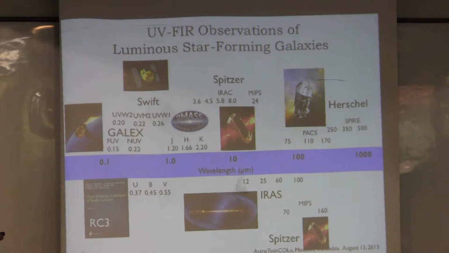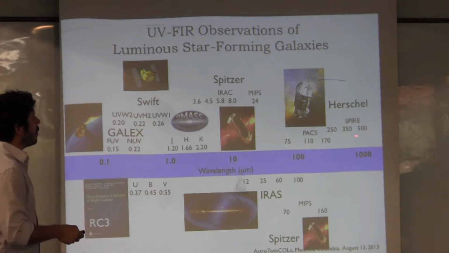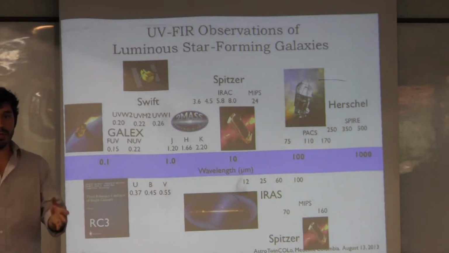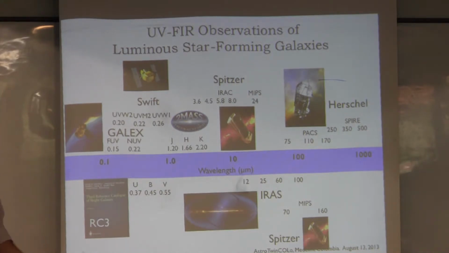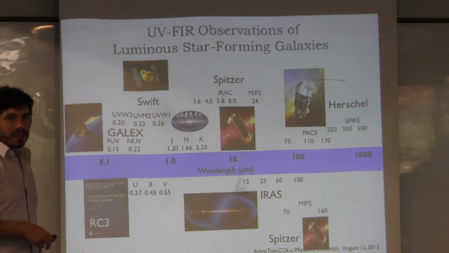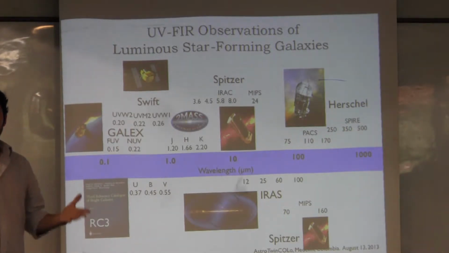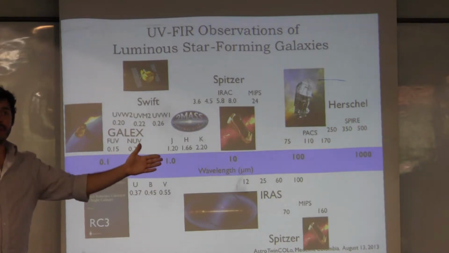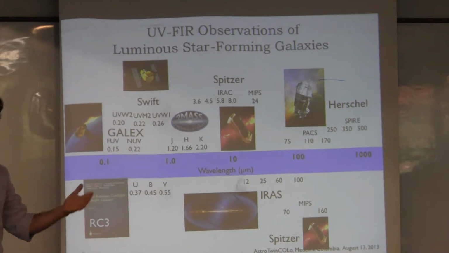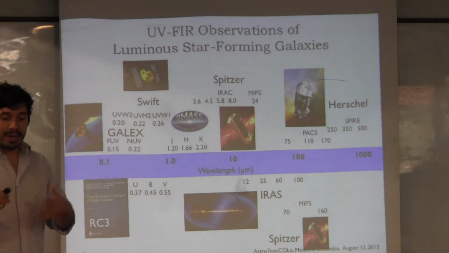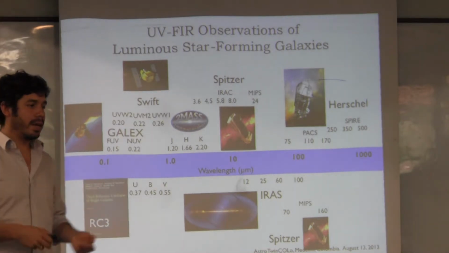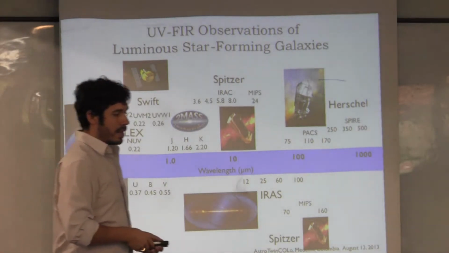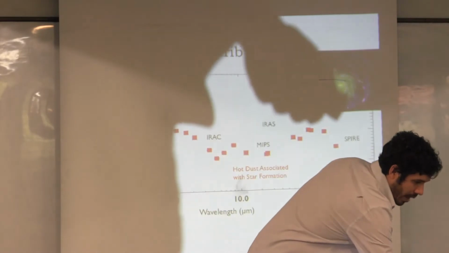More recently, also the Herschel Space Observatory that looks all the way to 500 microns into the region of cold dust that thermally emits at those wavelengths, among a few others. So we have a bunch of data that we can now use to build the spectral energy distributions of these systems, and then by combining them with models and with clever ways to combine both models and data, we can come out with answers for the questions we have.